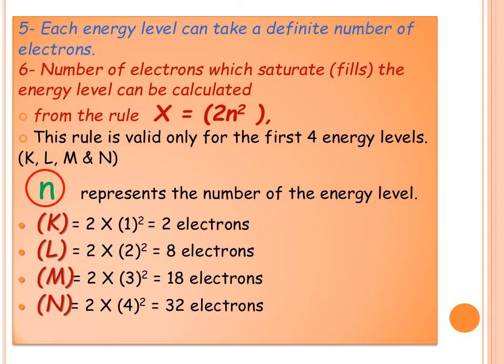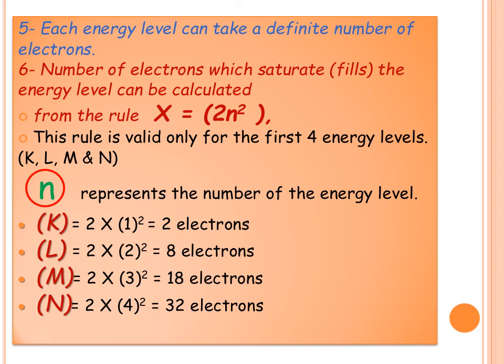As the following: K, 2 times N power 2. K level takes number 1. So 2 times 1 power 2 equals 2 electrons. L: 2 times N power 2, N here equals 2. So 2 times 2 power 2 equals 8 electrons. M: 2 times N power 2, N here equals 3 because M is the third energy level.